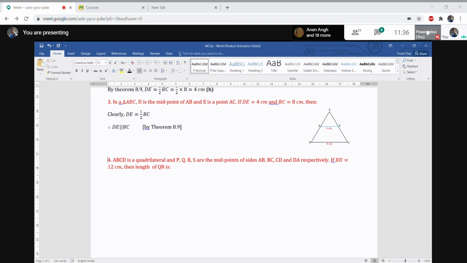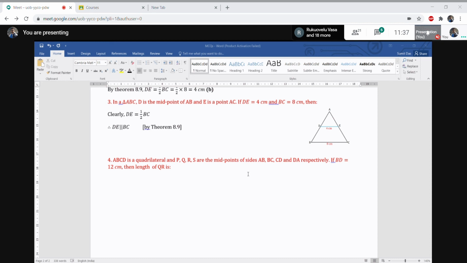You have to draw the diagram again. Wait a minute.